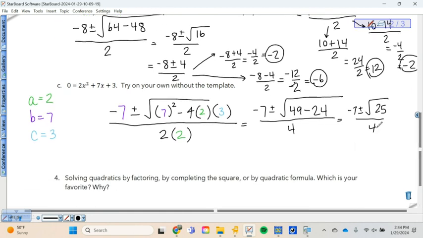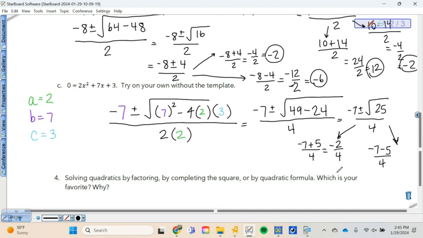And that's where we split it off into our two different solutions. So what's the square root of 25? 5. So one of my solutions will be negative 7 plus 5 divided by 4. And the other solution will be negative 7 minus 5 divided by 4. What's negative 7 plus 5? Negative 2.